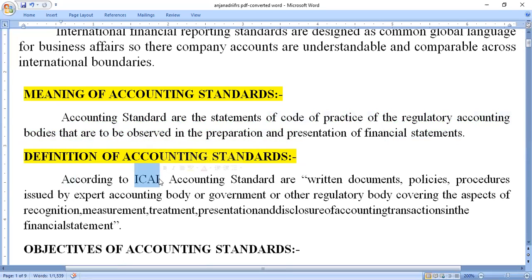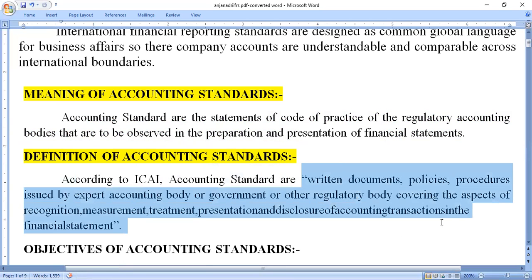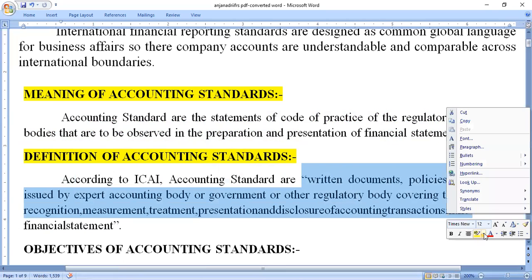This Institute of Chartered Accountants of India has given a clear definition regarding accounting standards. See, accounting standards is nothing but a written document.